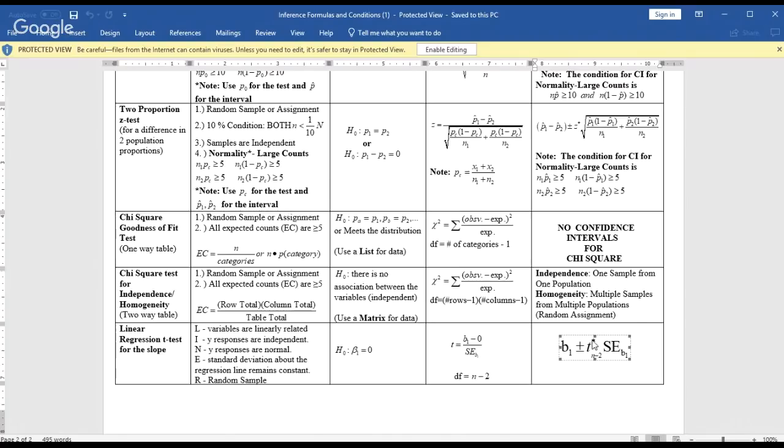Yeah, so this is all the inference stuff. Some other things that come up in inference, don't forget about type 1, type 2 errors. Remember, what you actually want from a hypothesis test is you want to reject the H0, because rejecting the H0 is the only time you actually get a conclusion, a significant result that matters.